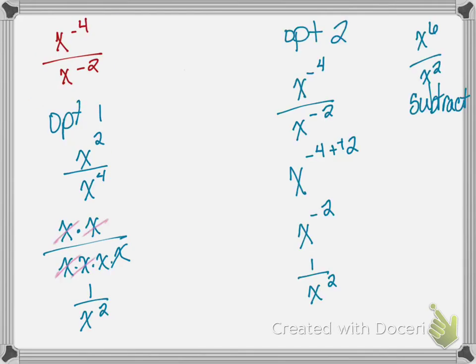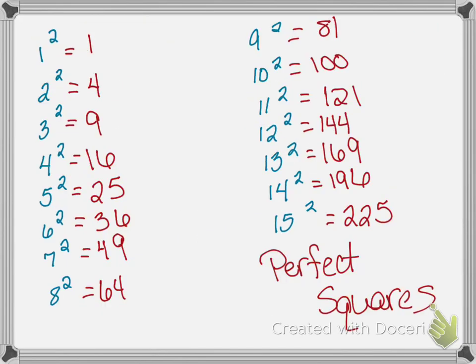So we are going to start talking about simplifying radicals and doing stuff with radicals. On Friday, the very last thing that we did was look at this set of perfect squares.